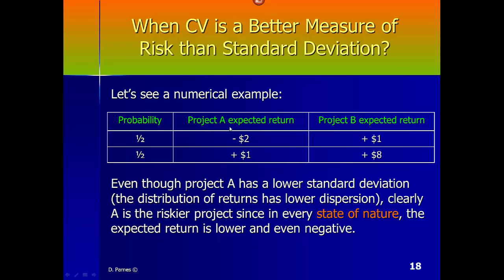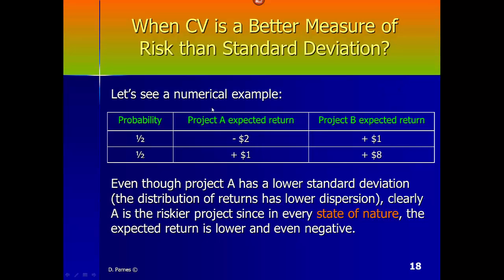So the distribution of returns of project A is more narrow than the distribution of returns of project B. Project B has a higher dispersion. The distribution is more widespread than project A, and therefore variance of B is bigger than variance of A. Standard deviation of B is larger than the standard deviation of project A.